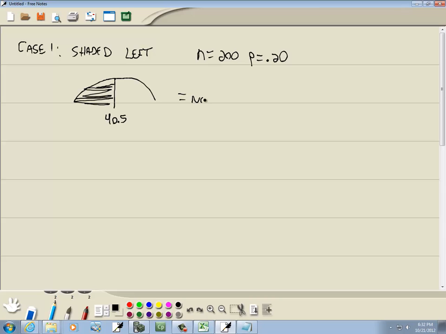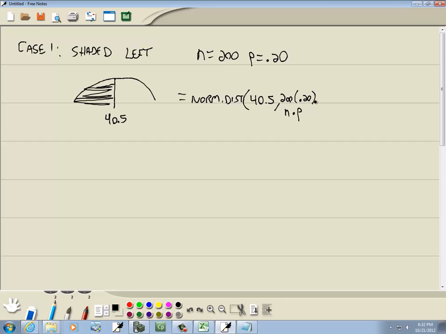Well, this is going to be NORM.DIST, and then we put in our x value, which is the 40.5. Our mean is n times p, so you'll take your 200 times p.